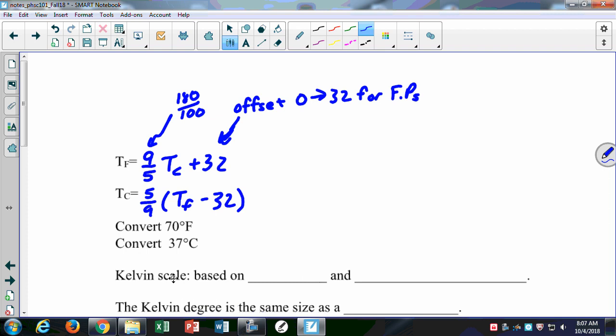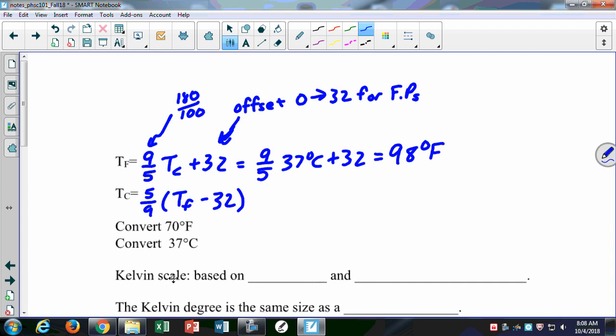So, for example, if I wanted to convert 37 degrees Celsius, it is 9/5 times 37 plus 32. Just for reference, that's a hot day. That's 98 degrees Fahrenheit.